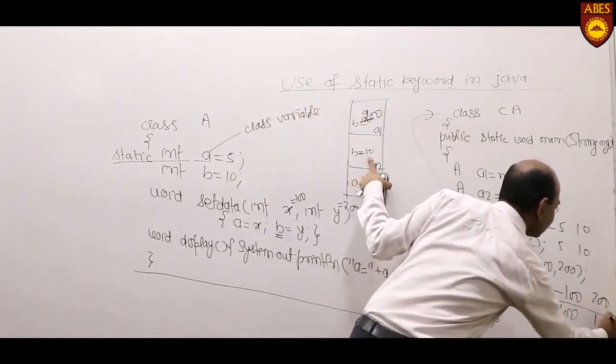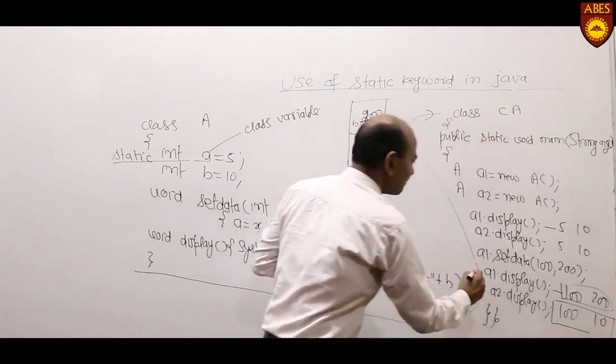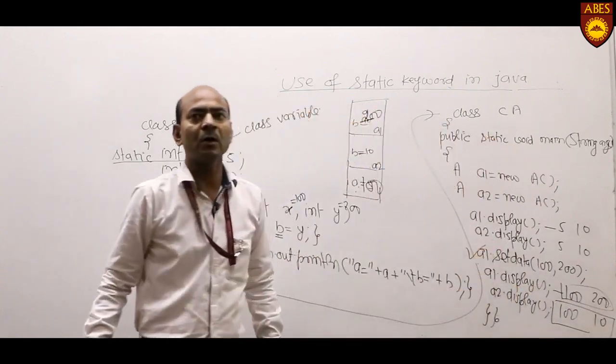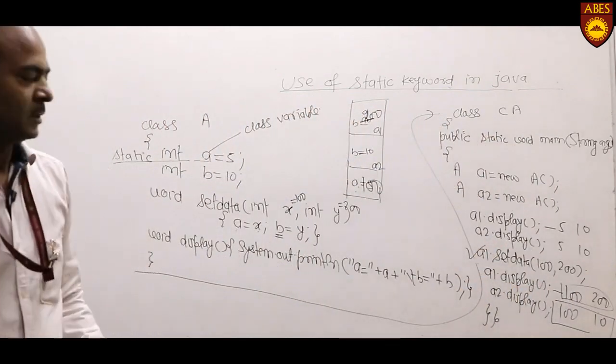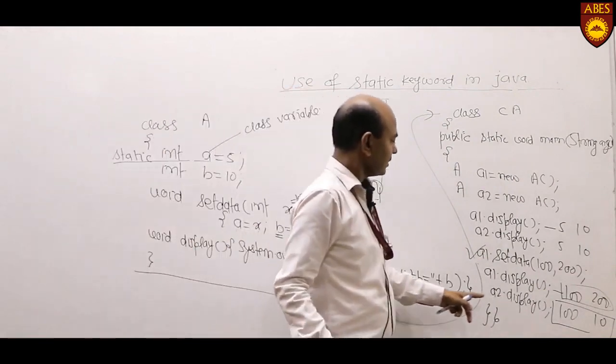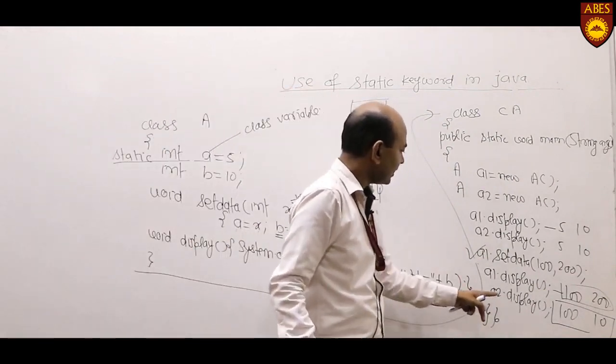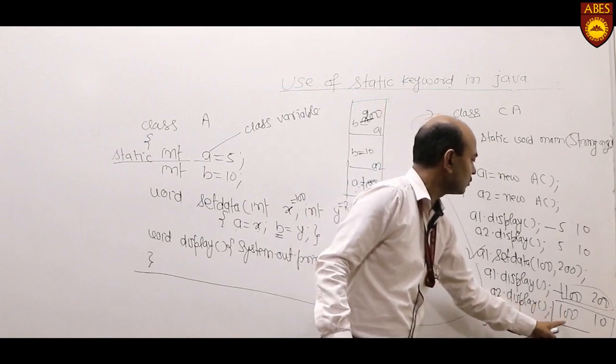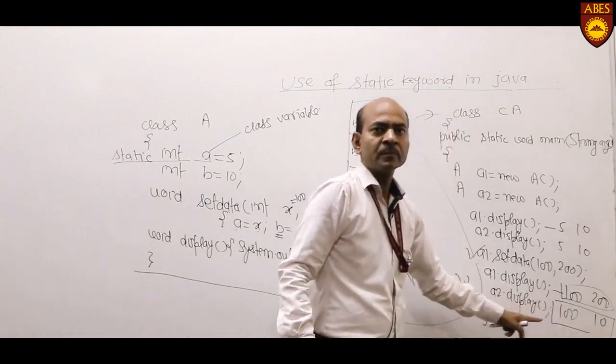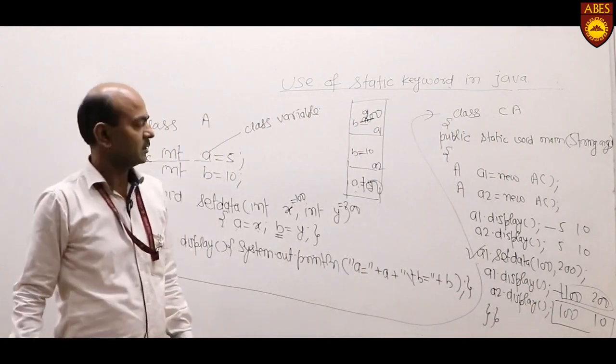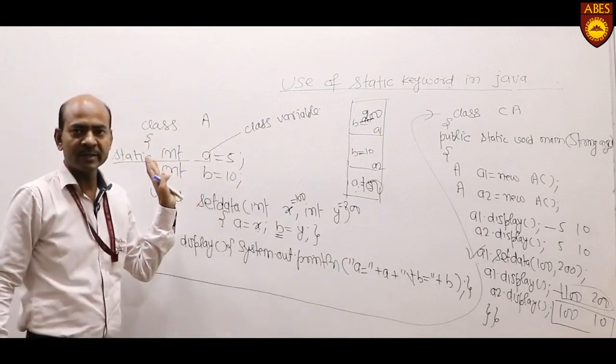Now you can see clearly here that we have modified the object a1 only, still the value of a is changed in the a2 object. So this could be used as a global variable.